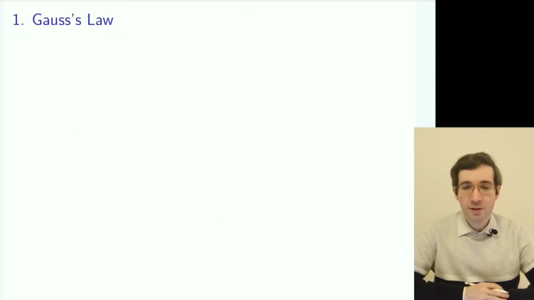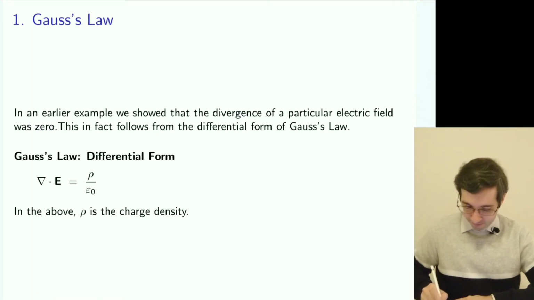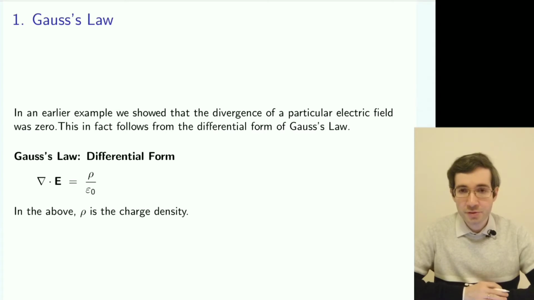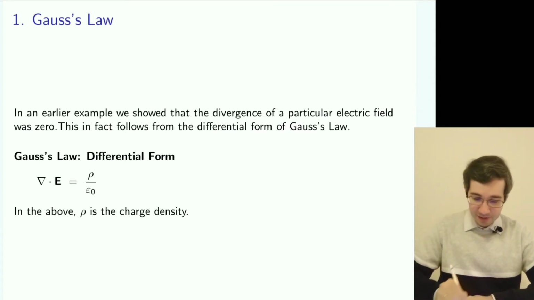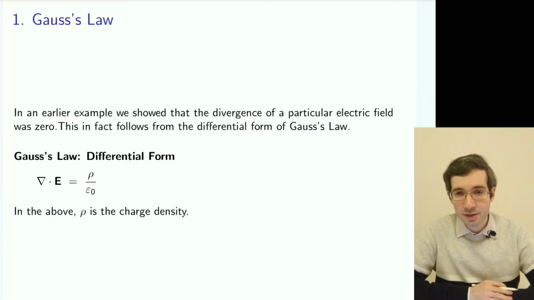The first law we consider is the Gauss law. It relates the electric field and the distribution of charges. So you can see that the divergence of the electric field equals the charge density divided by a fundamental electric constant.